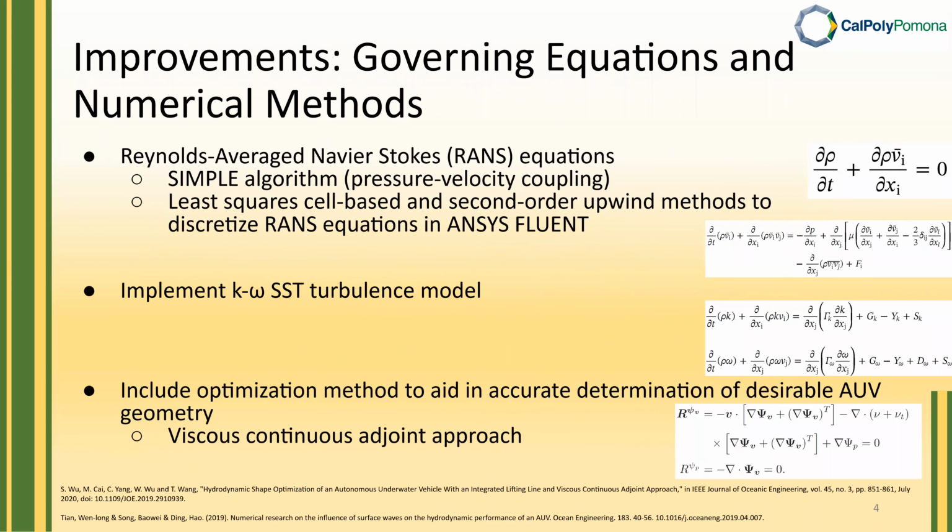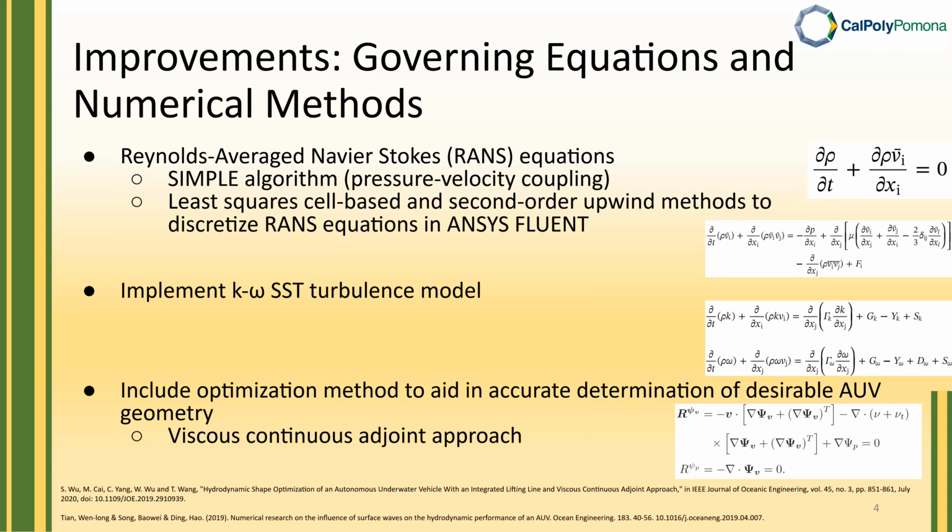Though a few improvements should be made to the equations and methods in the original paper. First, replacing the traditional Navier-Stokes equations with Rand's equations, as Rand's is better in describing turbulent flow. Now, we'll still use a simple algorithm as well as least squares, cell base, and second order upwind methods to discretize the Rand's equations in ANSYS Fluent.